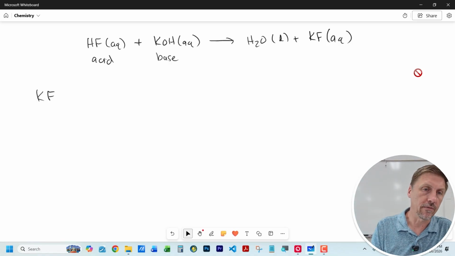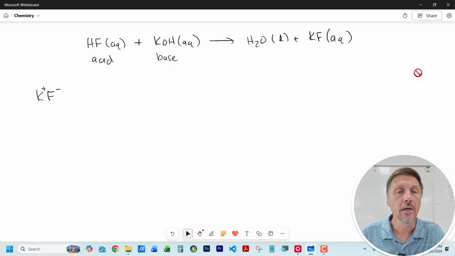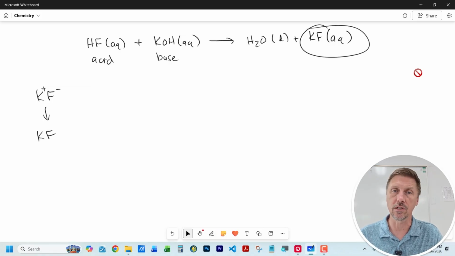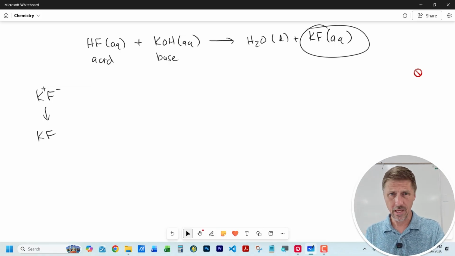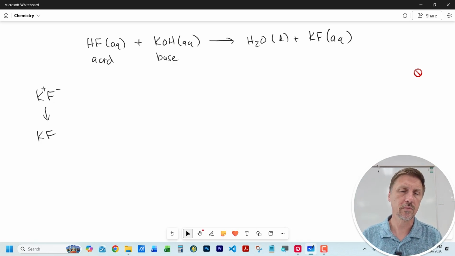And so it's going to have a positive 1 charge. Fluorine's in column 7A, so it's going to have a 1 negative charge. When we swap and drop, we get KF, which is exactly what we see over here on this side. And we've got the correct number of H's and O's and K's and F's, so this one's actually already balanced.